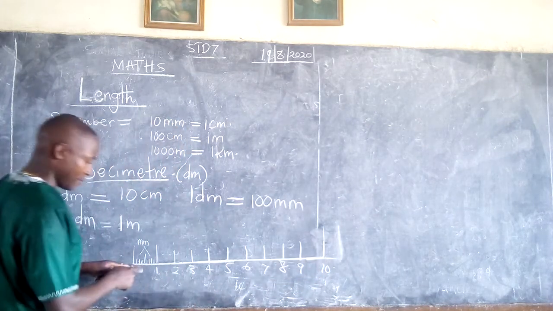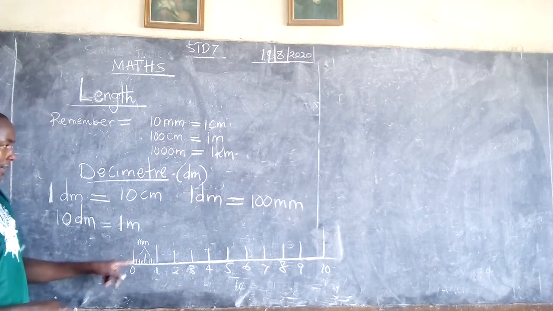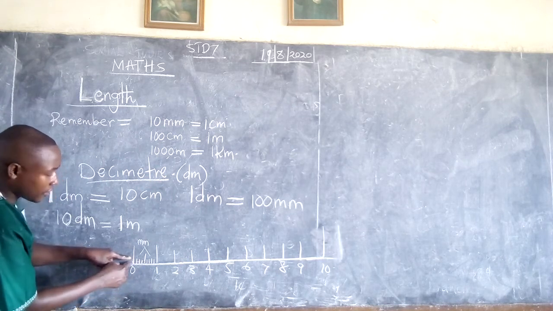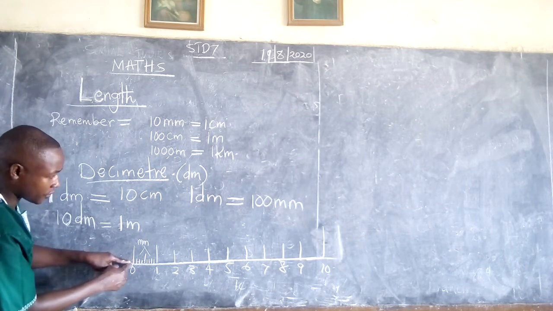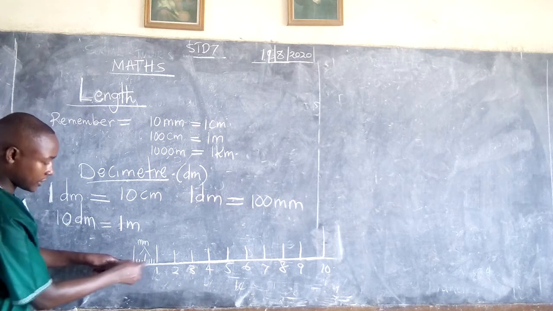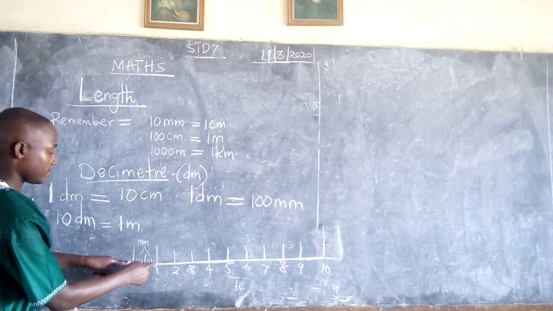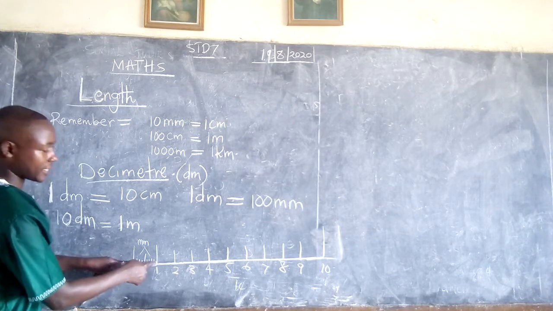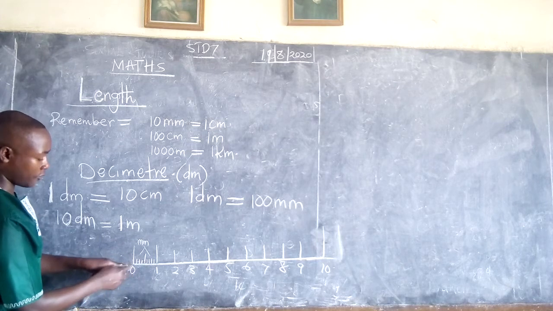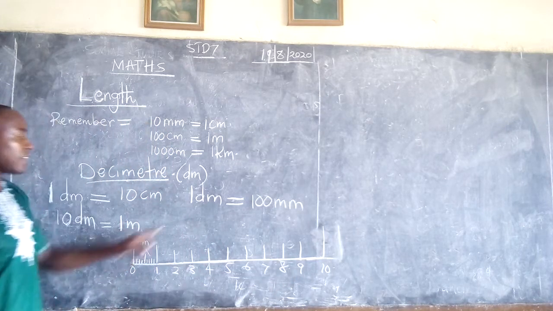Then to get the number of millimeters in one decimeter, 1 centimeter is equal to 10 millimeters. You multiply by 10 to get the number of millimeters found between 0 and 10, and that is 100.